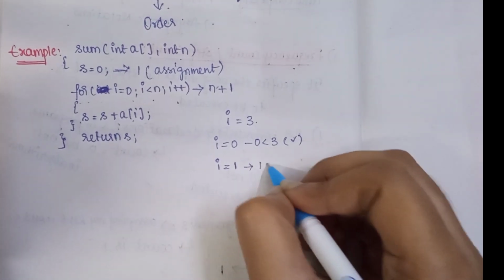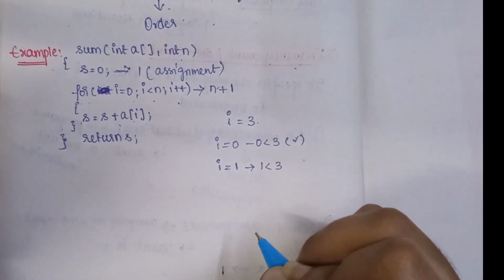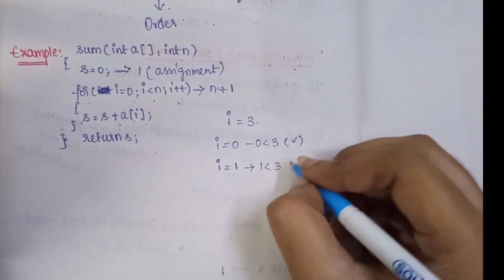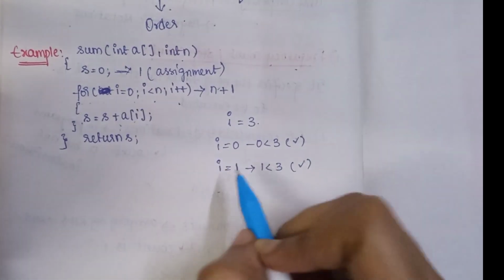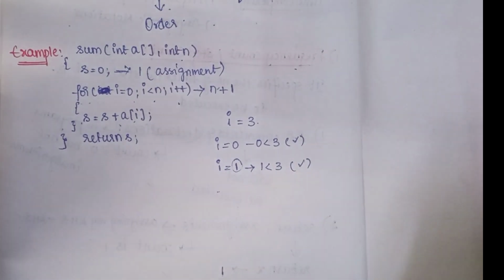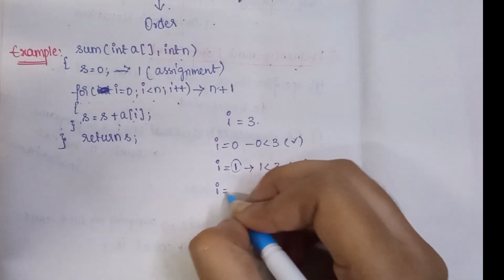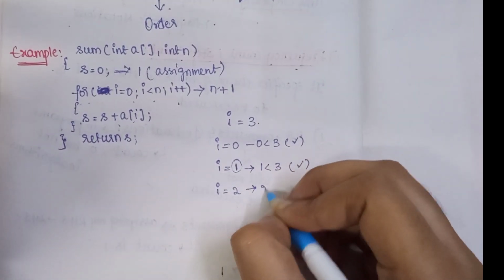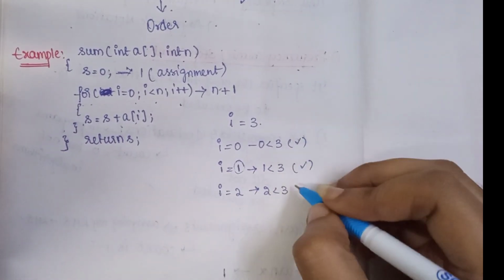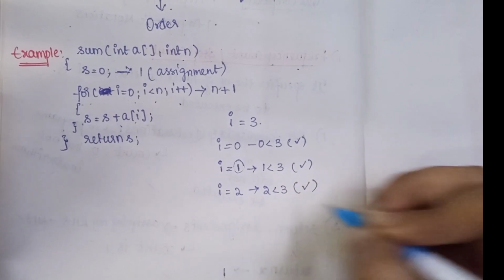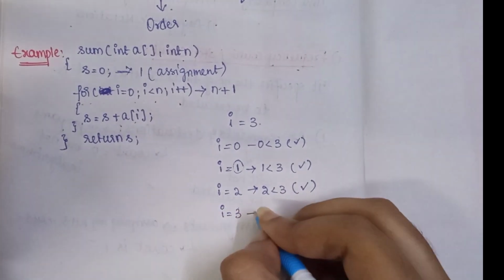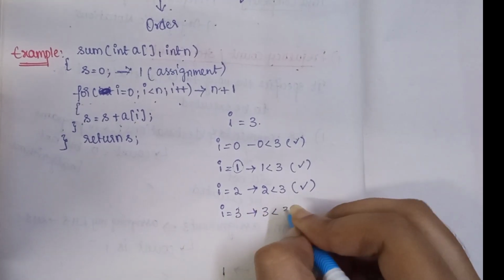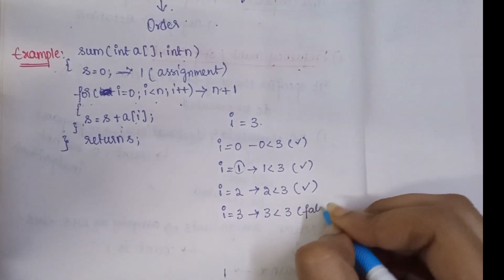Now what will happen? 1 is less than 3. This is true. The next statement gets executed, meaning my i value 1 is being incremented. So my i value will be 2. That means 2 is less than 3. So this will be executed. Now my i value will be 3. So 3 less than 3 is false, right?